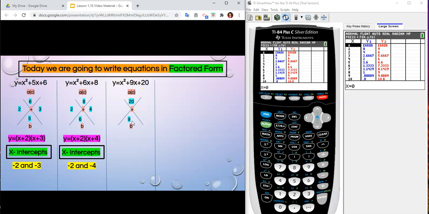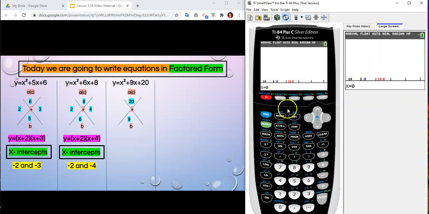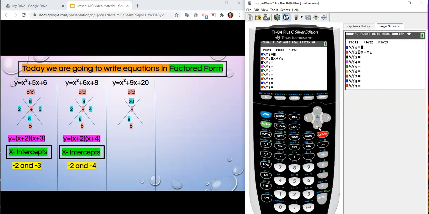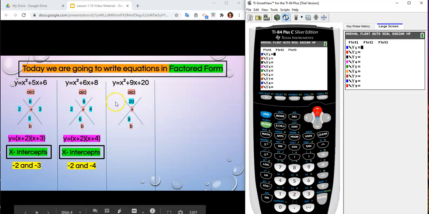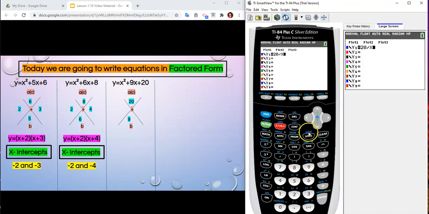All right, now I have to find factors of 20. So I'm going to go back through the calculator steps, and this time I'm going to clear this out because I want to make sure that you guys remember how to do all of this. I'm going to take 20 and divide, like I always do, to find my factors of 20.